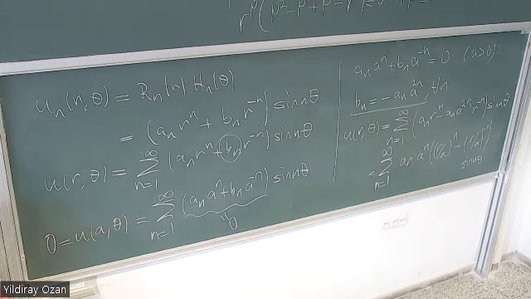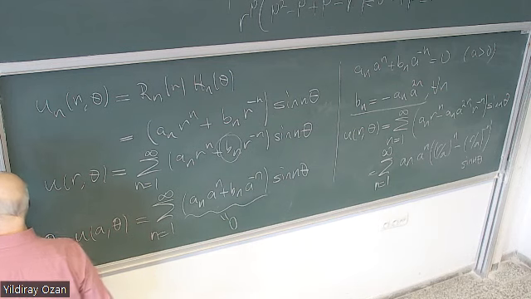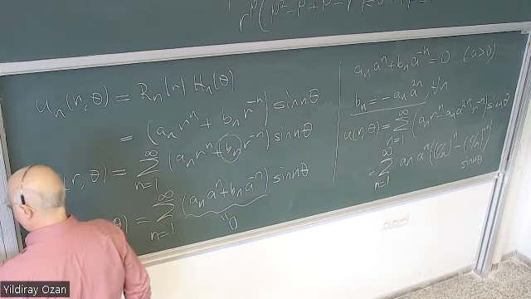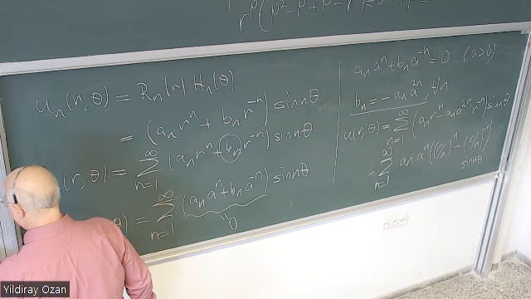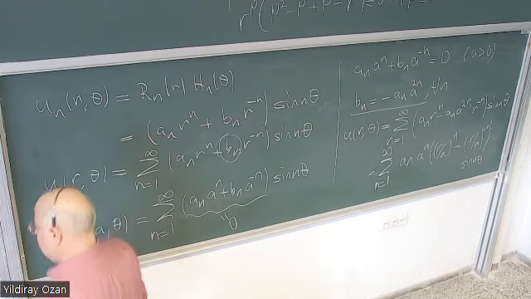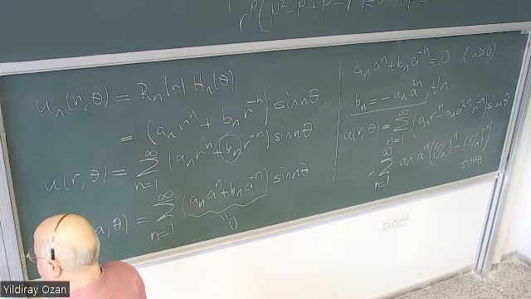So it is just A to the power 3, and then R over A cubed minus R over A minus 3, and then sine 3 theta. Okay.